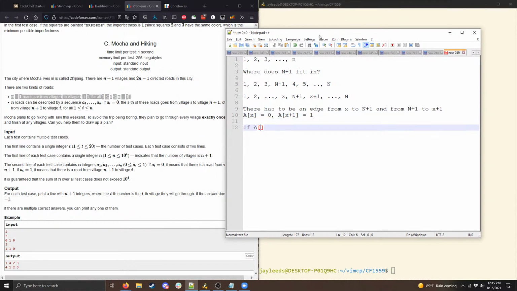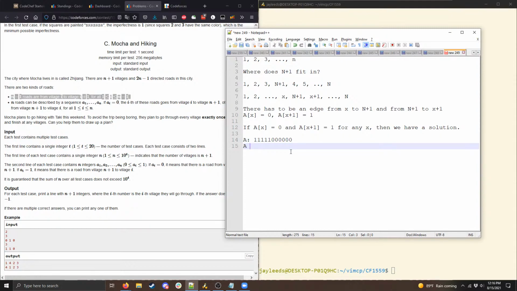And so if a sub x is 0 and a sub x plus 1 is 1 for any x, then we have a solution. So now we just need to think about the cases where this doesn't exist. It turns out that if there's no such pair, then the array A has to look something like 1, 1, 1, 1, 0, 0, 0, 0.